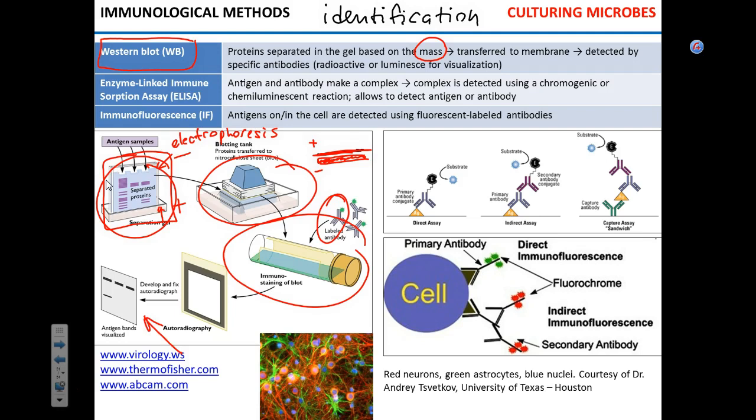Now here's the deal. The antibodies that we're using are targeted against one specific protein, protein of influenza. Does that make sense? We know exactly where it should be because we know its mass.